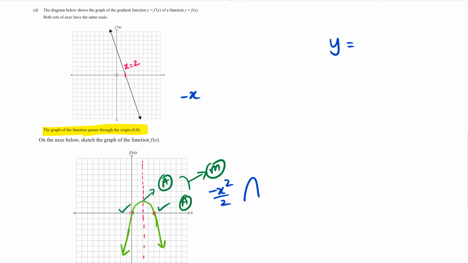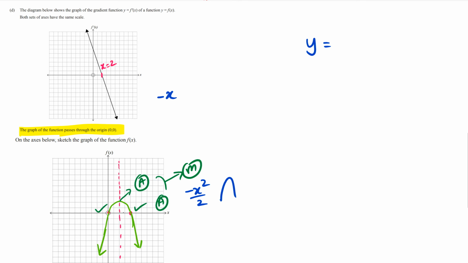Sorry, just bear with me. 1, 2, 3, 4, 5, 6. Okay, so it has a gradient of m equals negative 6 over 2, m equals negative 3. Yep. So this line has negative 3x plus 6 as its equation.